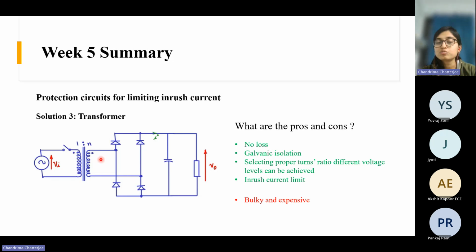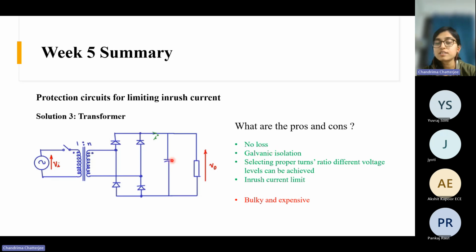You can also choose a higher turns ratio, so that you can get a voltage higher than 230 volt in these two terminals. So that is also possible. You can have a step up transformer, you can also have a step down transformer. That is another advantage. And also it limits the inrush current. How it limits the inrush current, we will see. So these are the advantages.